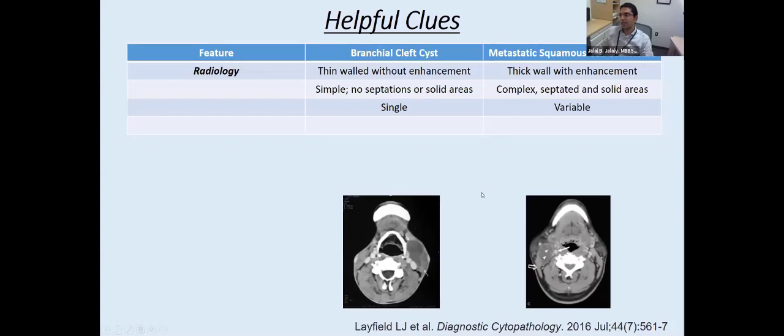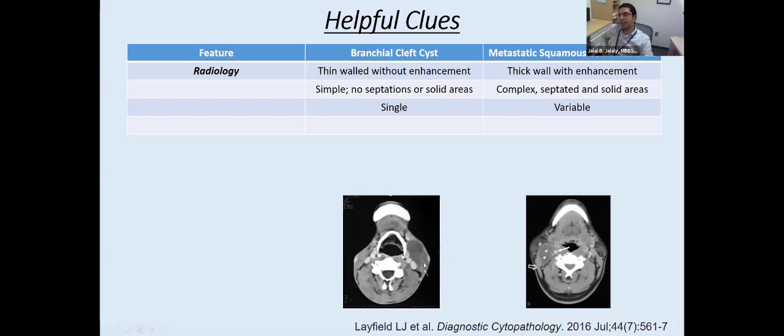On the other hand, metastatic squamous cell carcinoma, like I've shown in our case on low power, is usually complex and has cystic areas associated with some solid areas and septations. And usually the wall is quite thickened and has enhancement in its wall.